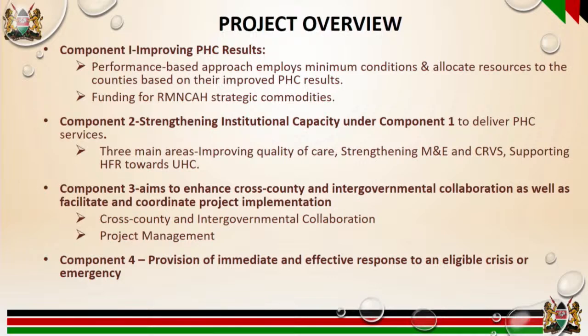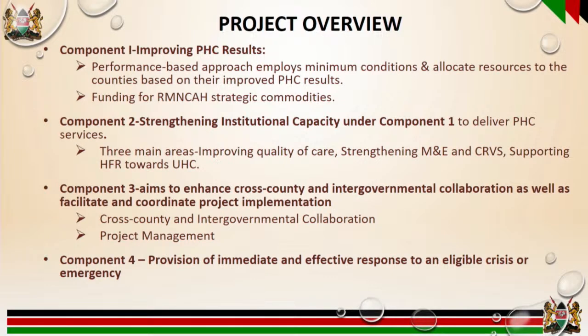Component 3 deals with enhancing cross-county and intergovernmental collaboration. Back in 2018, 2019, thereabout, a call for proposals was made, and there were some counties that were successful and have been implementing that intervention to date. Then component 3 also covers project management.